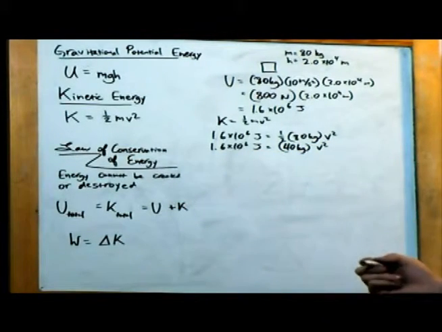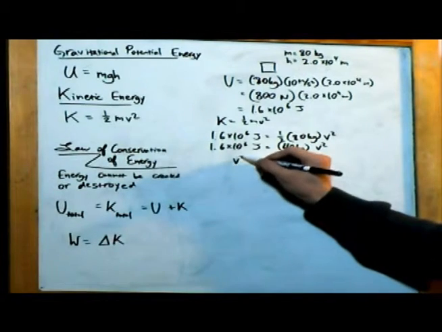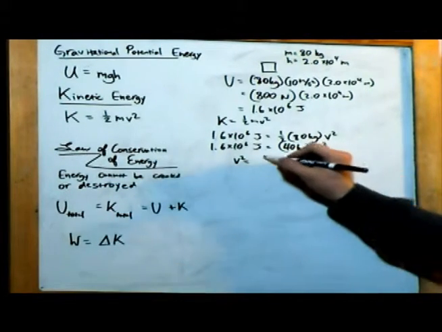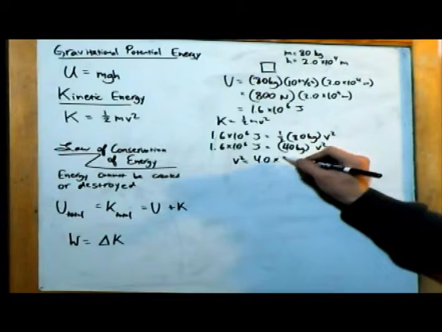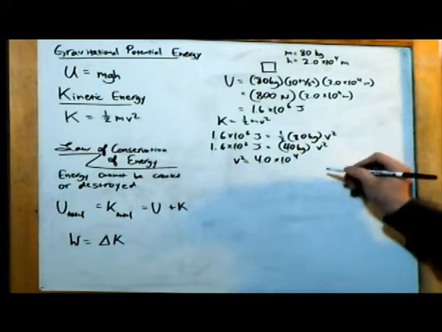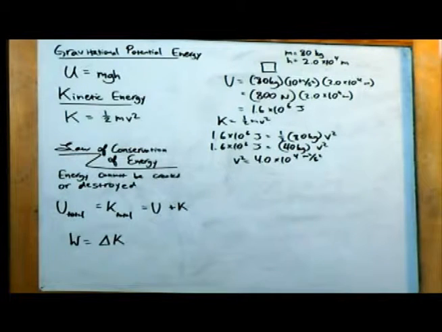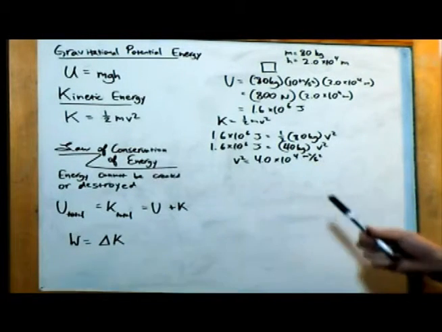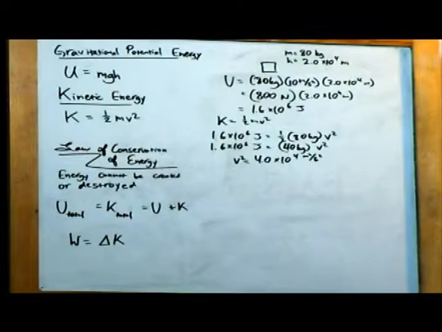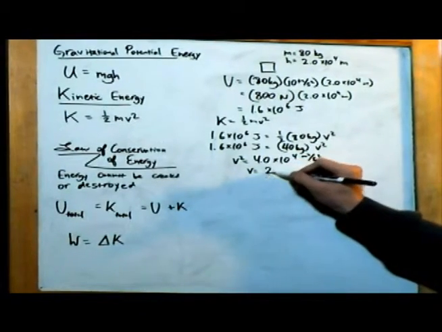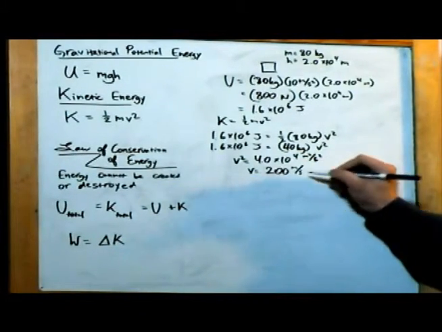So we divide both sides by 40 kilograms, and we get 4.0 times 10 to the 4th meters squared per second squared. Isn't that neat? If we square root both sides, the meters squared per second squared is also square rooted and becomes meters per second. And we get a maximum velocity of 200 meters per second.